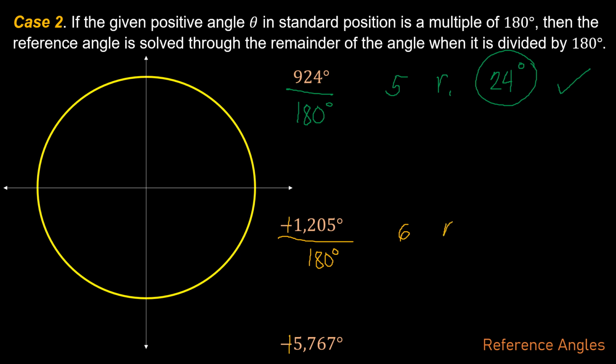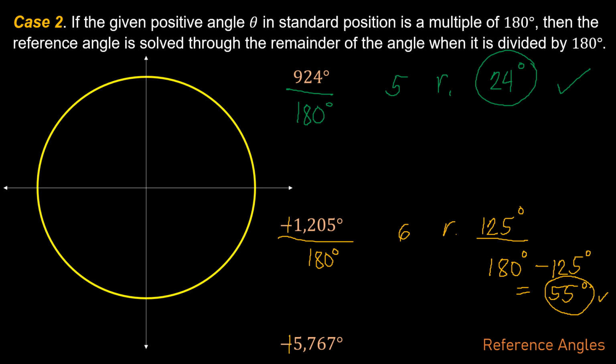Pero ang remainder niya is 125 degrees. So, nakikita mo ang 125 degrees is greater than 90. So, hindi pa yan ang reference angle. So, gagawin natin 180 degrees minus 125 degrees will give us 55 degrees. Okay? So, that is the reference angle.